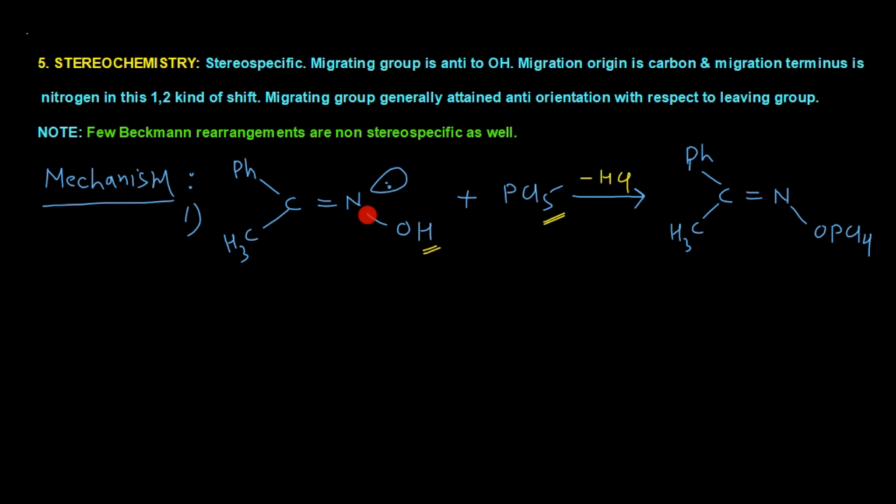It forms a very strong bond with the nitrogen, so it is quite reluctant to leave from this nitrogen. So in order to convert this into a better, more facile leaving group, we convert this OH into a better leaving group, so that this OPCl4 is a far better leaving group compared to this OH. That's why we have converted it, right?